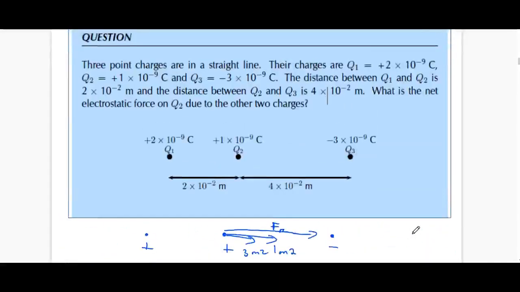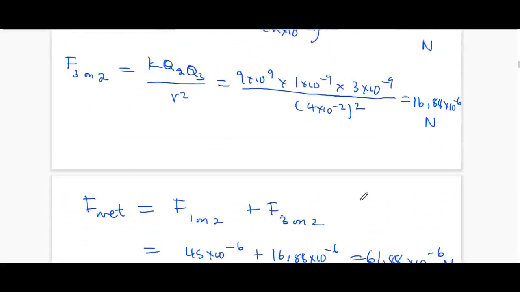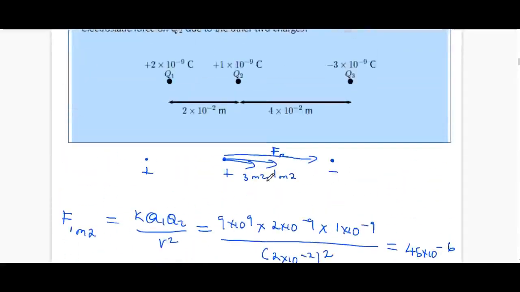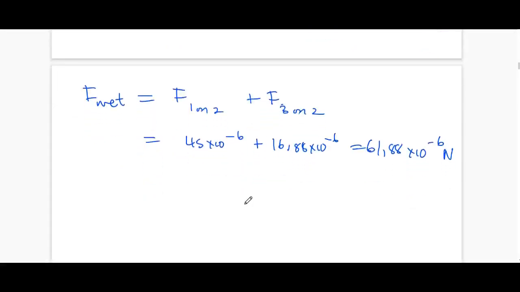That is the net electrostatic force on Q2. We have answered the question, guys. If they ask you to give direction, it's 61.88 times 10 to the power minus 6 newtons to the right.